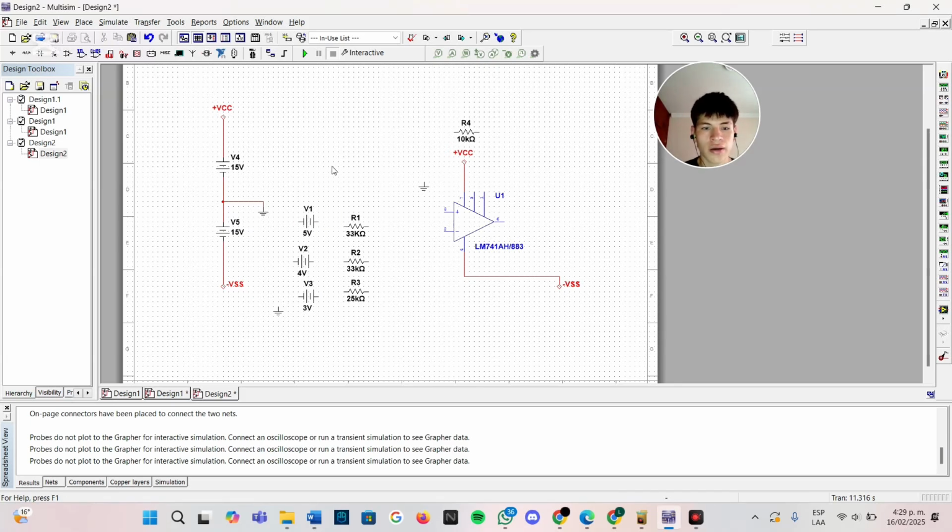There are 3 voltages: the first node is 5, the second is 4, the third node is 3, and each resistance is a weight. The resistance with the first node is 33,000 ohms, the second with the second node is 33,000 ohms, and the third with the third node is 25,000 ohms, where the resistance Rx is the feedback resistance. Yes, because the equation is this.